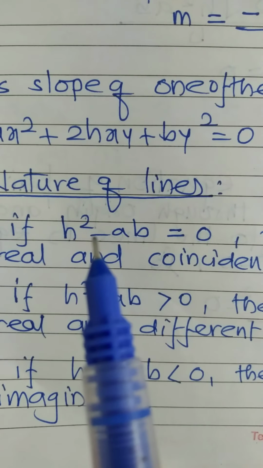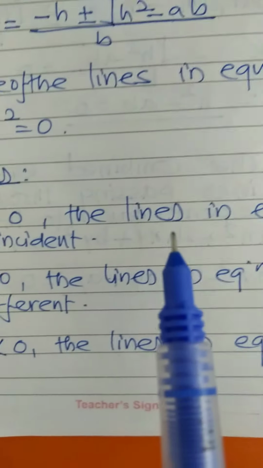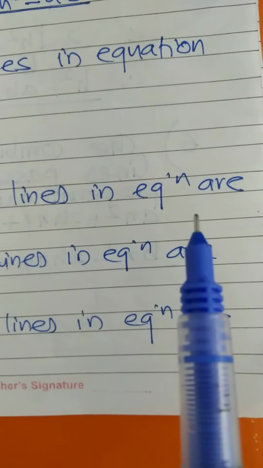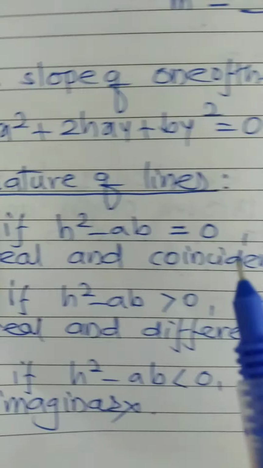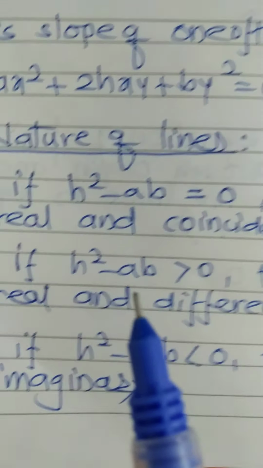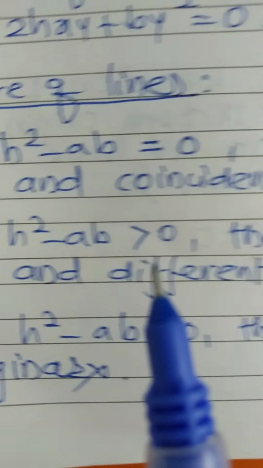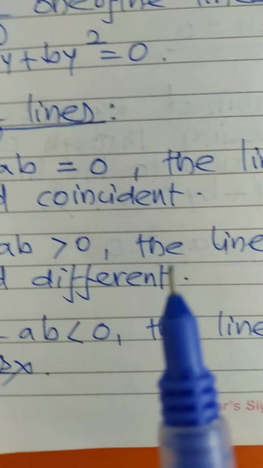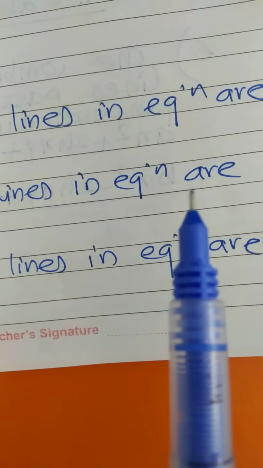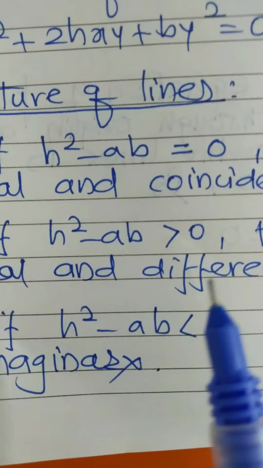If h square minus ab equals to 0, then the lines in the equation are real and coincident. Two lines are there, but definitely those two lines coincide with each other. Next, if h square minus ab is greater than 0, then the lines in the equation are real and different.